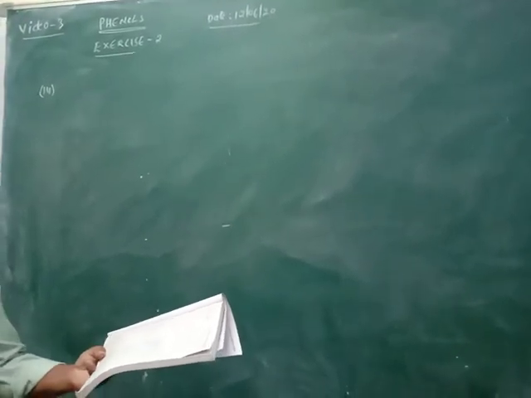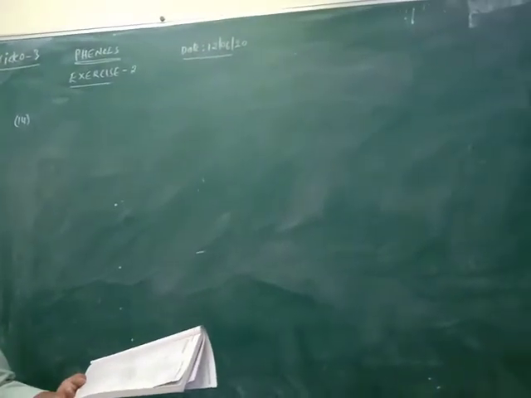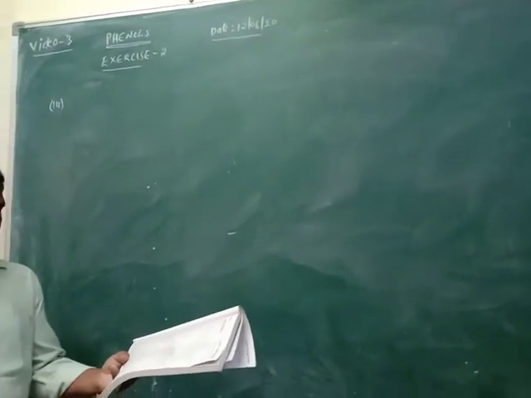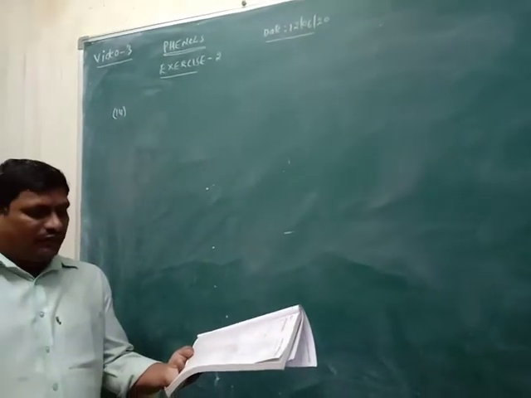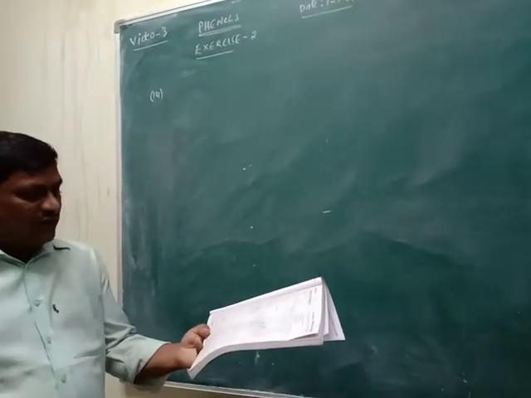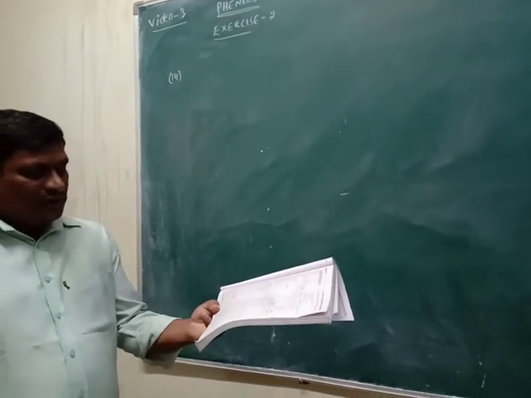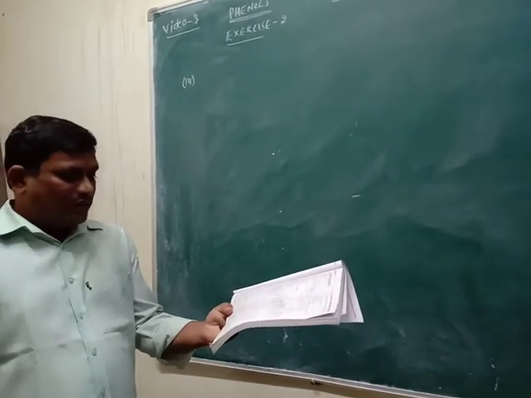Next, question number 14: which intermediate is formed in the Reimer-Tiemann reaction? Options: aldehyde, carbocation, carbanion, substituted benzyl chloride.